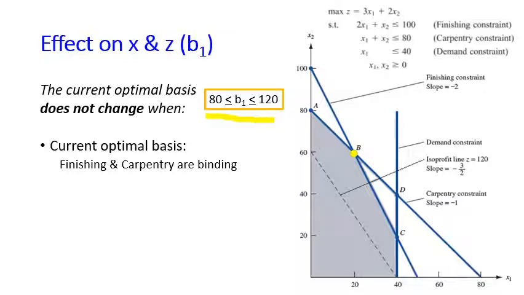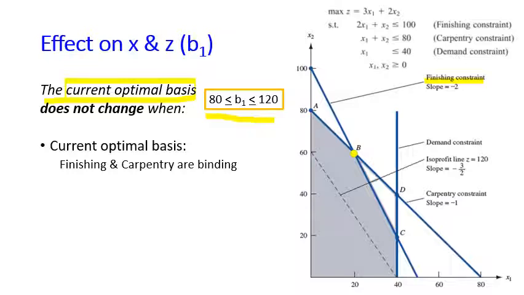But it doesn't mean that the X value and the Z value do not change as well. Because when you shift the finishing constraint line, your feasible region changes, so of course the value of your X will change as well. Okay, so please distinguish between the current optimal basis does not change and the value of X itself, it does change.